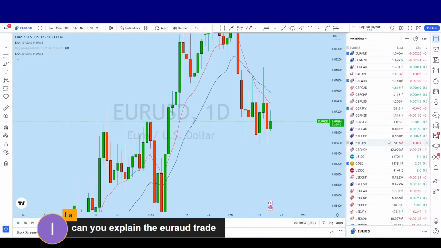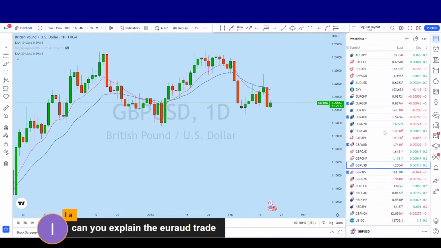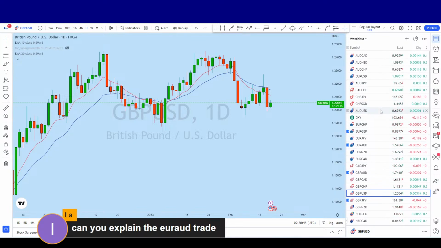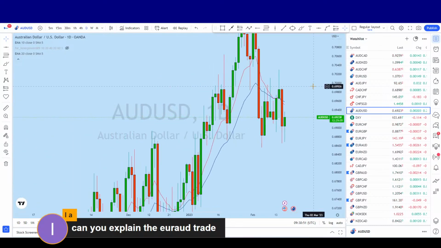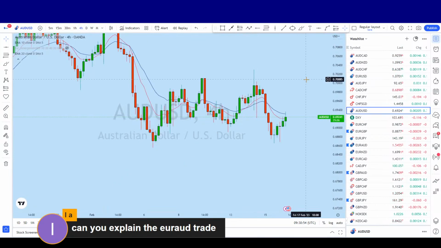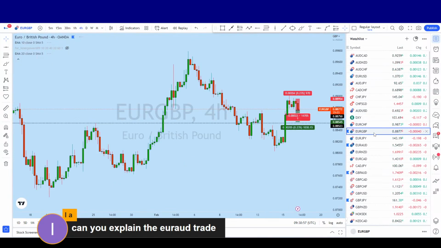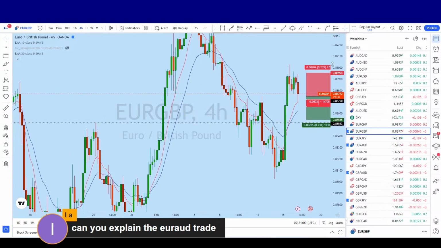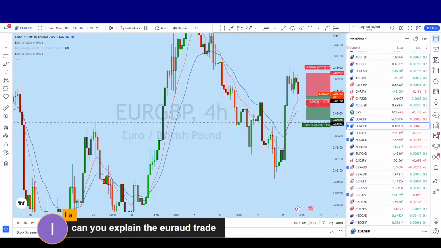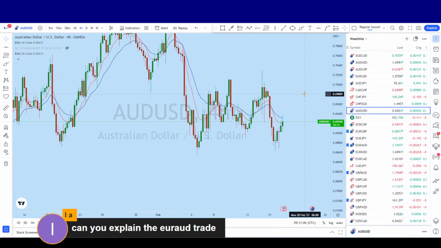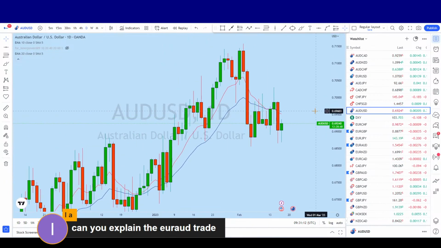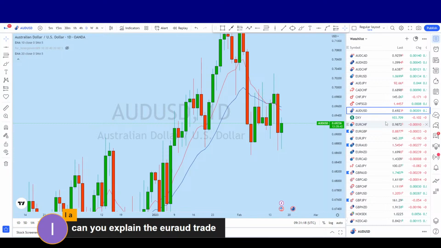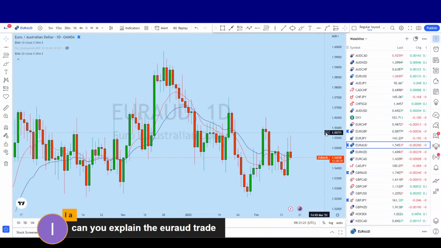Okay, we see GBP USD, AUD USD, all of them. Now if we look at AUD USD from the daily, what I think is that the price is likely to go to the daily 20 EMA, and from this level we might see that AUD USD is rejecting now.